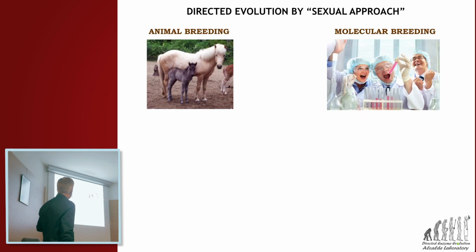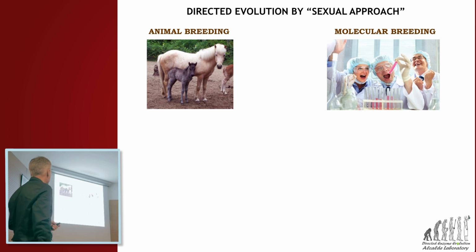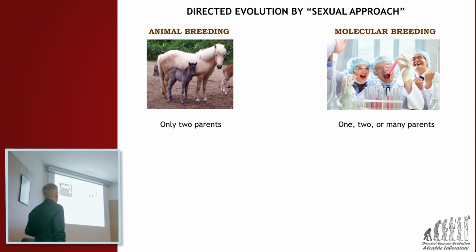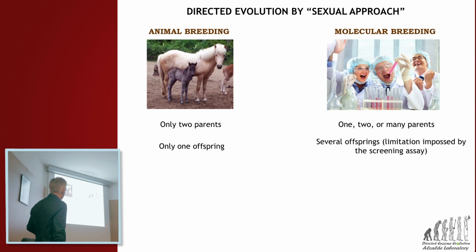And the second approach, the sexual one, you are going to let me establish an analogy between animal breeding and molecular breeding. In animal breeding, we use only two parental types. In molecular breeding, we use one, two, or many different parental types. In animal breeding, we only obtain one offspring. In molecular breeding, we obtain several offsprings. The limitation is just imposed by the screening assay.